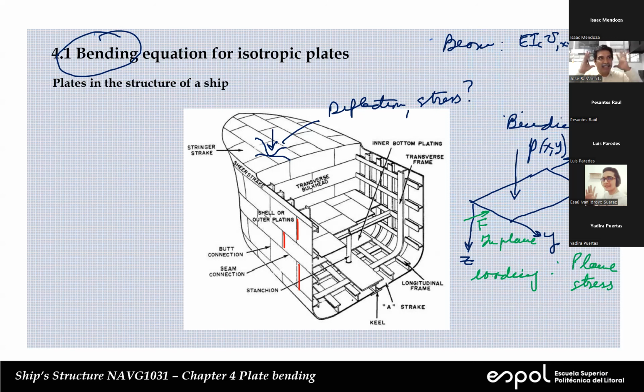Okay, so it has to be very clear. Similarly with the beams, we have a beam, we have a load like this, right? If we have something like this, that's what we call a truss. Loading like this, deflects like that, that's a beam. We're going to analyze plate bending. Okay, let's go.